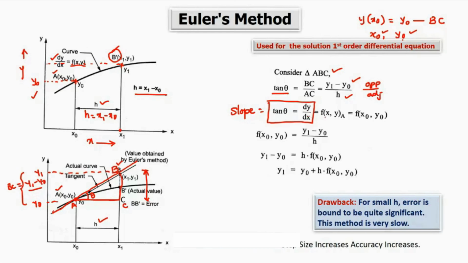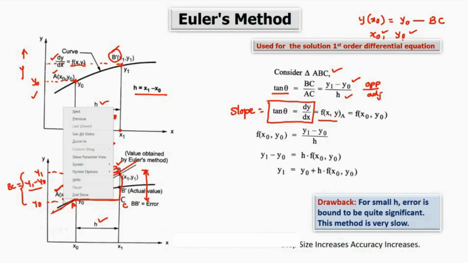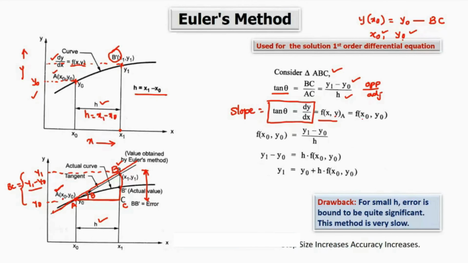So this dy by dx is equal to the function f of x, y at point A. The slope is a function at point A, and x, y is represented by the coordinates x0 and y0. This tan theta is replaced by the slope, dy by dx.